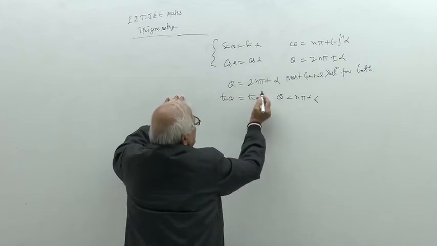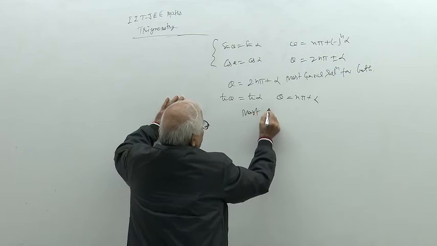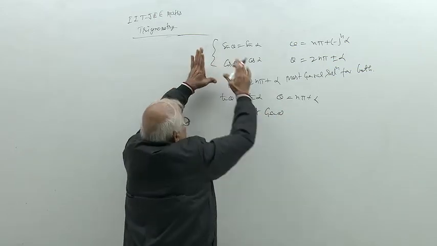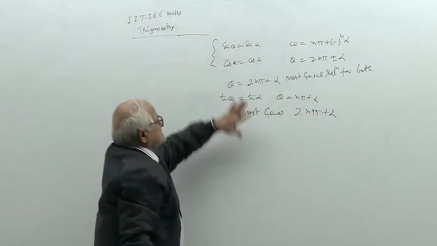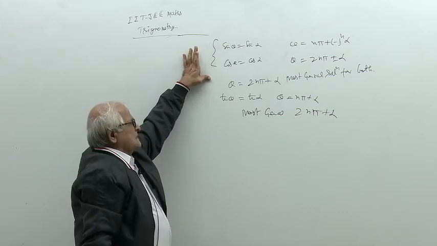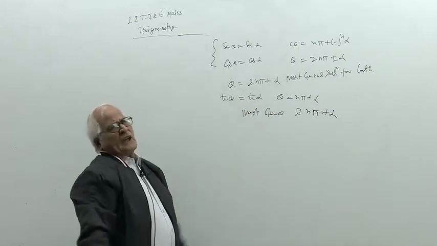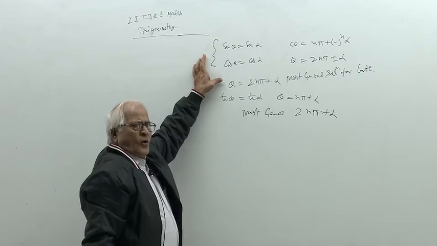Therefore, we have to apply this most general formula which satisfies both. We have formula this, which satisfies both sin theta and cos theta. But this does not satisfy. Therefore, we cannot have this general formula for these two equations.